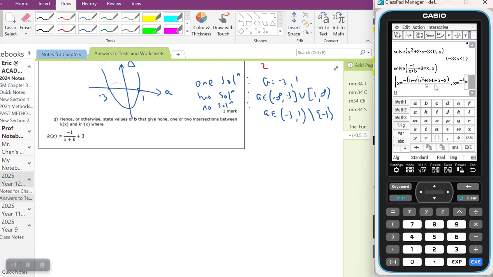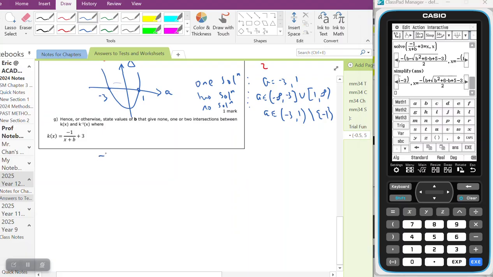I'm just checking what might simplify this. Okay, that will simplify. So if I let k(x) equal x, then I've got x equaling, what was it?